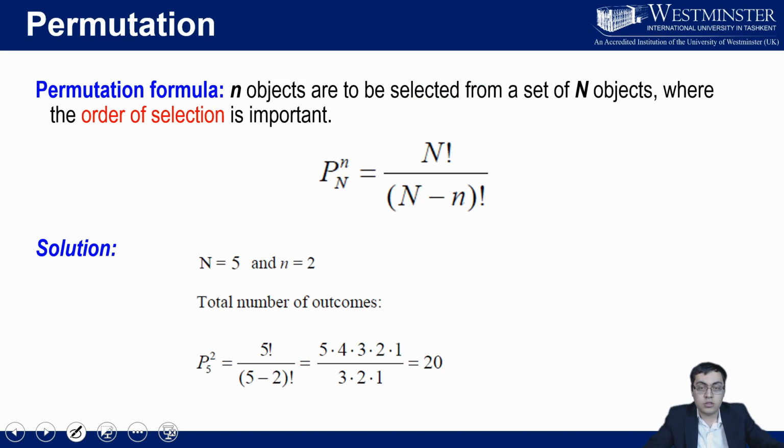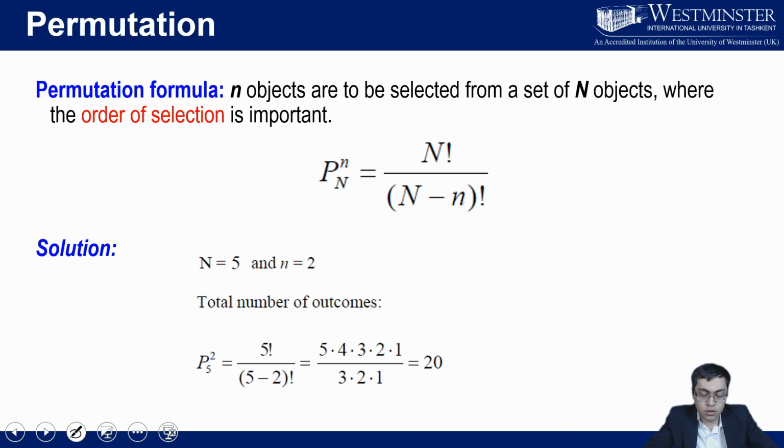But let's consider a more systematic approach using a formula so that we can plug in any large number that we are interested in. So a permutation is just basically small n number of objects are to be selected from a set of large n number of objects, where now in this case the order of selection is important. And you're going to see this formula over here.